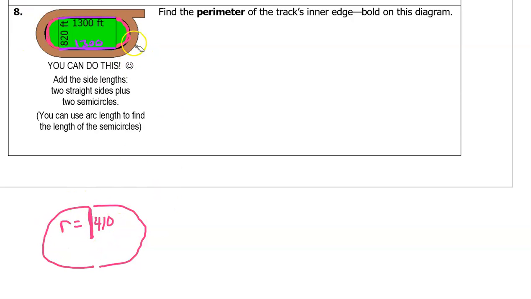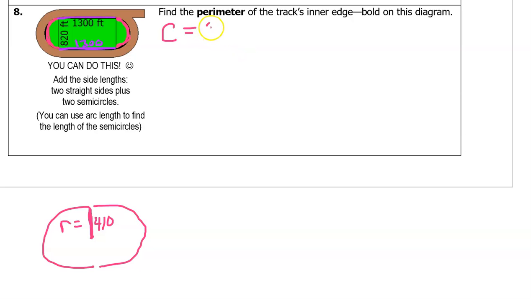So the circle is the missing length. So basically, we need to find the circumference of this circle that we would get if we stuck the two ends together. We need the circumference of this circle. Okay, so I'm just going to use the letter C for circumference.